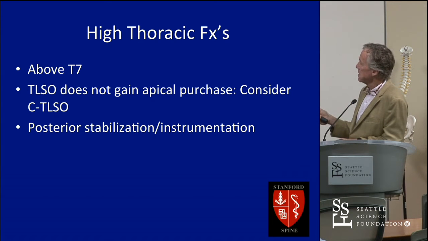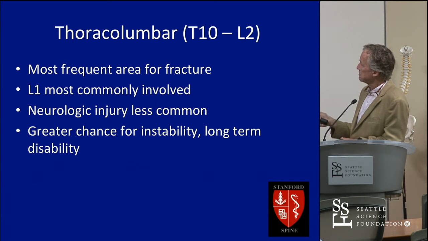So sometimes, even in relatively minor situations, now that we have minimally invasive techniques and technology available, consideration can be given to posterior stabilization and instrumentation for what would be considered otherwise relatively benign fractures.